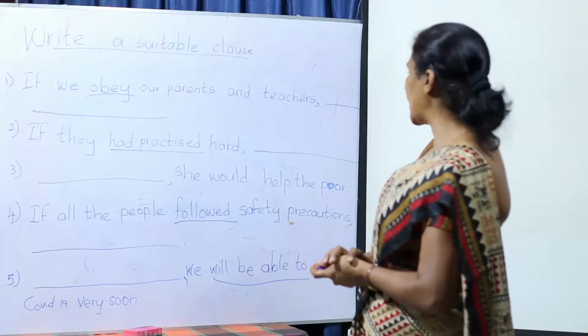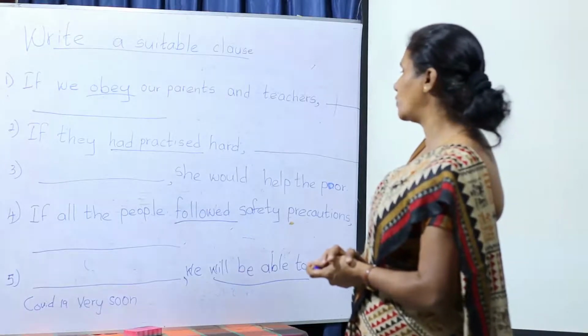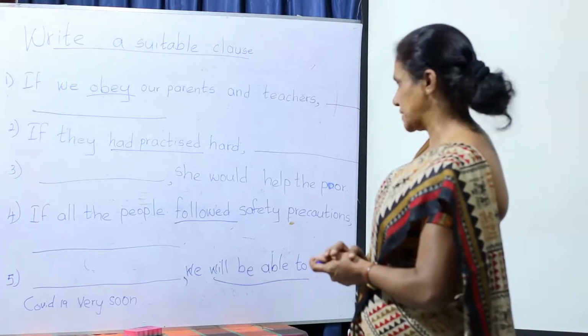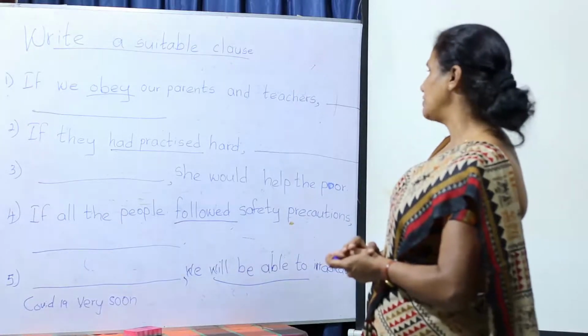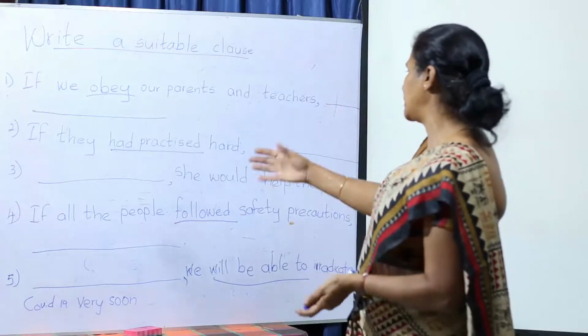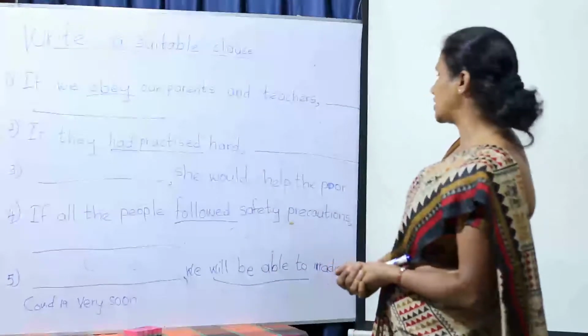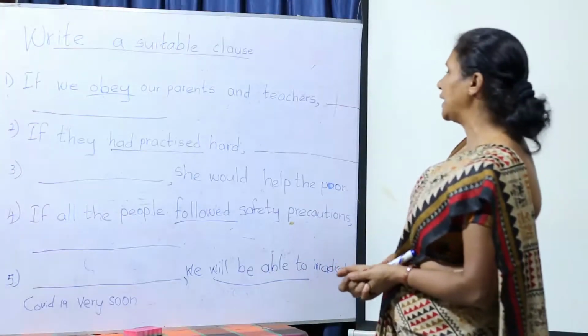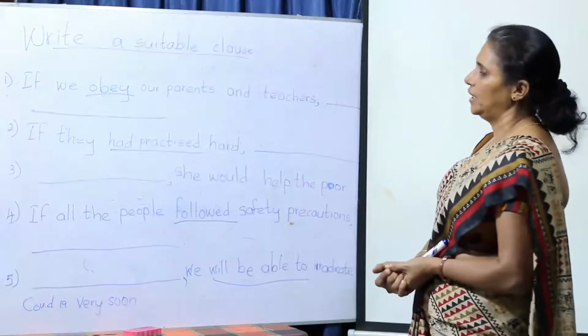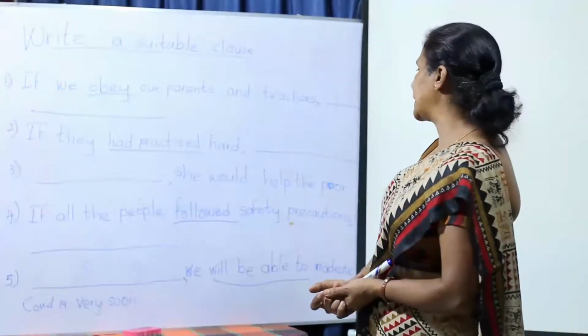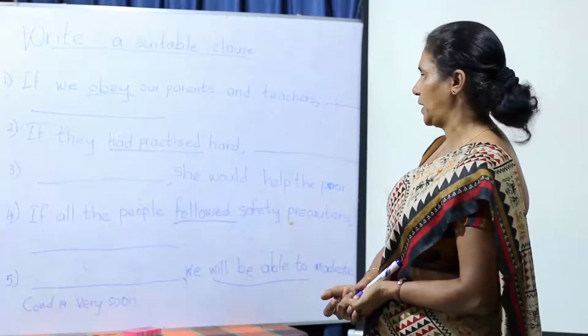We will be able to eradicate COVID-19 very soon. What can we do? It should be in the simple present tense. If we follow, say from the fourth one also we can take, if we follow the safety precautions, we will be able to eradicate COVID-19 very soon. If we obey the government rules, we will be able to eradicate COVID-19 very soon.